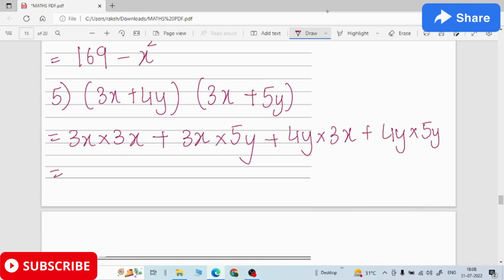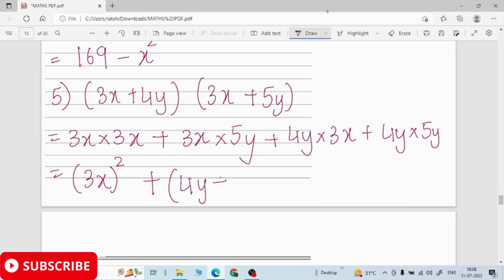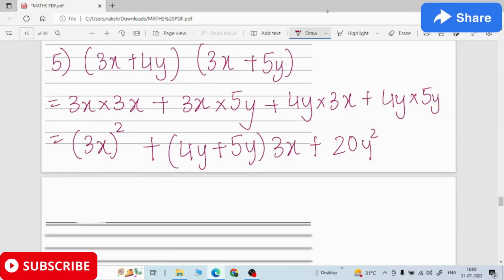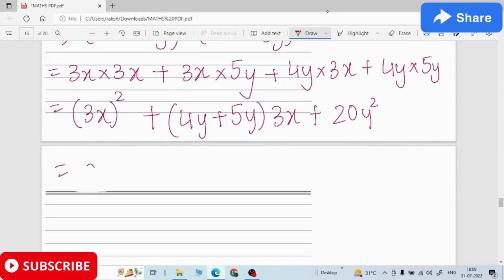So the next one, 3x into 3x, that is 3x the whole square, right? Plus, now it is common here, that is 3, so we'll take 3 as common, 5y plus 3x. 4 5s are 20, 20y square. So 3 square is 9, x square is x square.